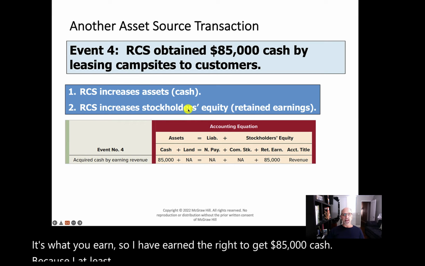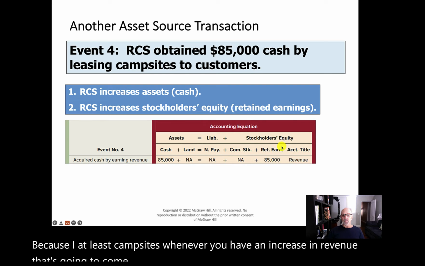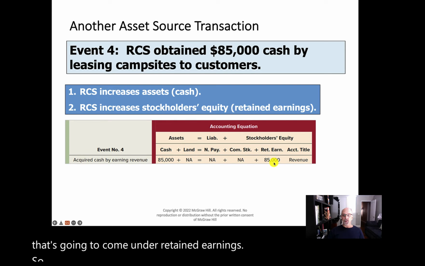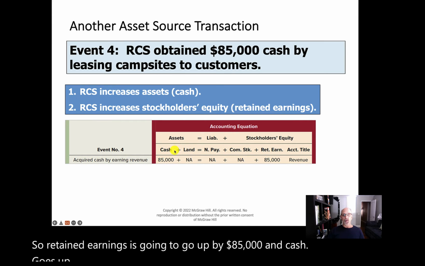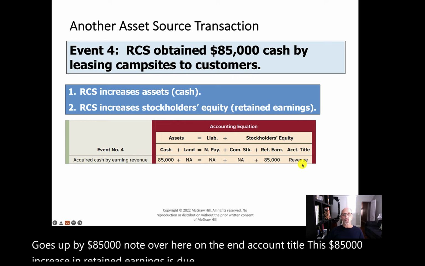Whenever you have an increase in revenue, that's going to come under retained earnings. So retained earnings is going to go up by $85,000, and cash goes up by $85,000. Note over here on the end, account title, this $85,000 increase in retained earnings is due to revenue earning.